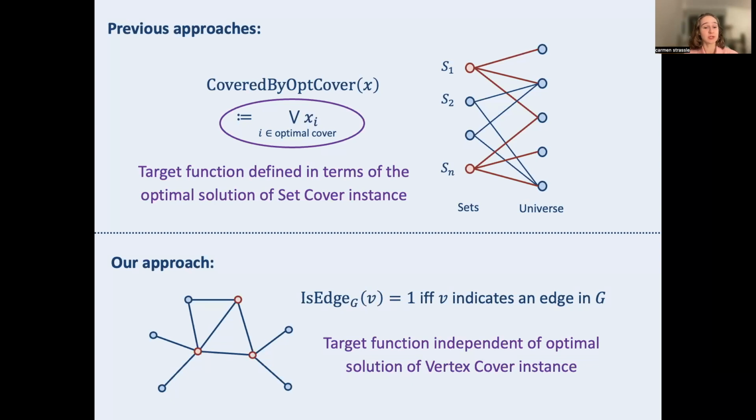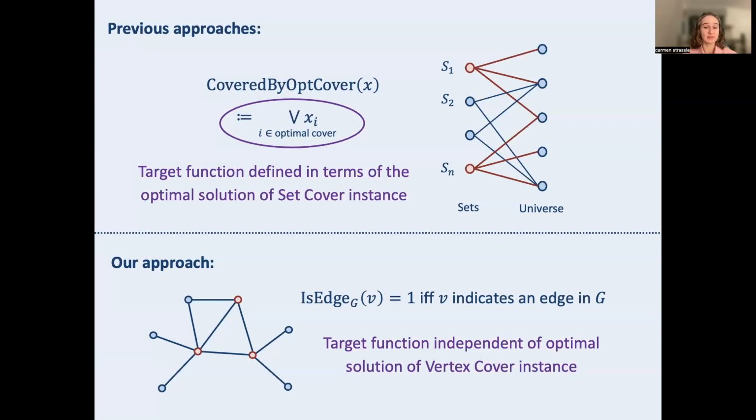This target function is called isEdge, and it's 1 if the input indicates an edge in G. And so instead of our target function asking, are you hit by the optimal vertex cover, it simply asks, does this string correspond to an edge in the graph?